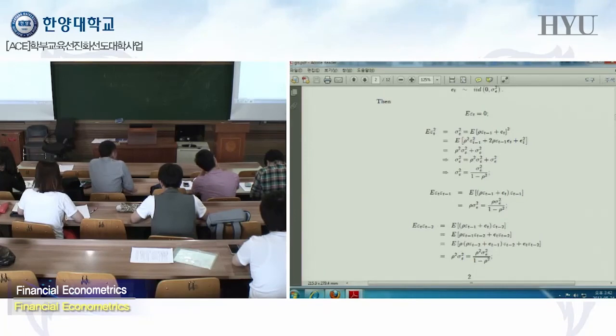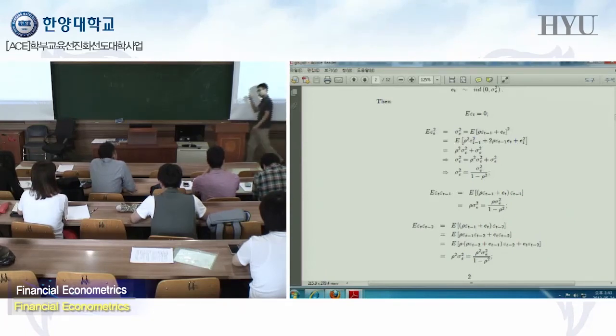And if we calculate the covariance between the shock one period ago, t minus 1, now we have a correlation term here. And if we calculate the covariance with 2 periods ago, t and t minus 2, now we have rho square, right?